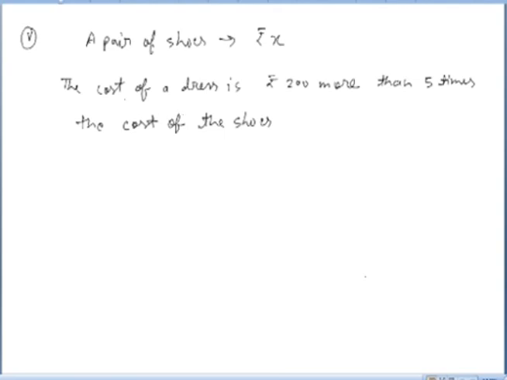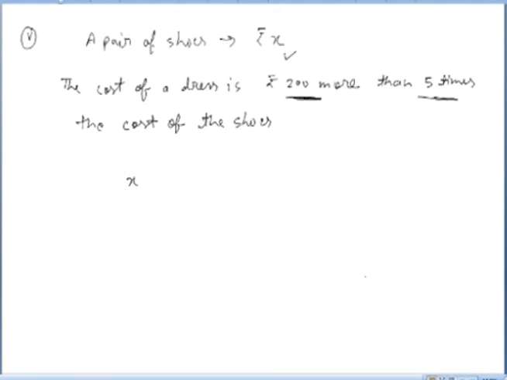So we have to write this as an algebraic expression. Okay, the cost of a dress is 200 more. 200 more means plus 200, then 5 times the cost of the shoes. The cost of shoes is x.